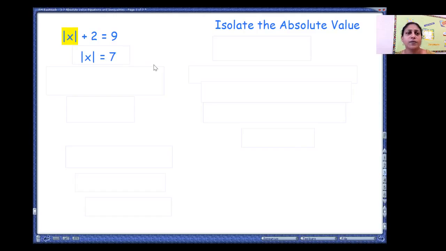It turns out that absolute value of x will be 7. And since x can be +7 or -7, those are the two answers you're going to write. And then in the final answer, you can put it in a solution set telling me that x has two values, -7 and +7.